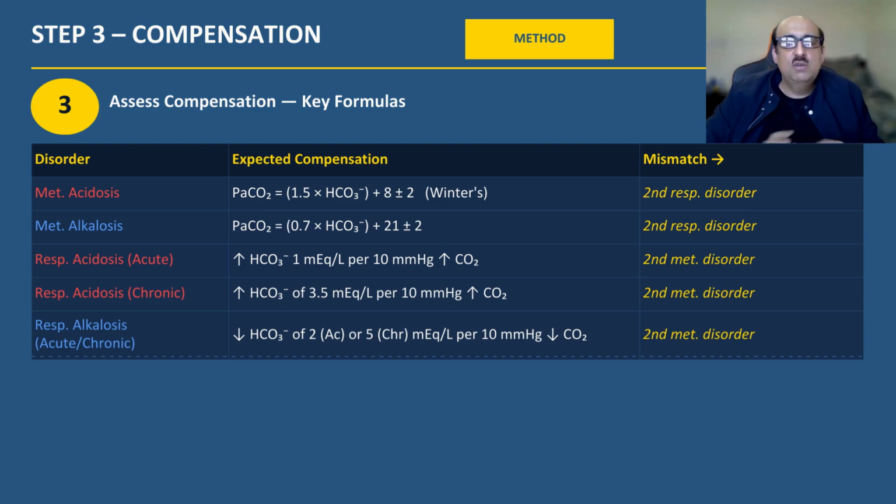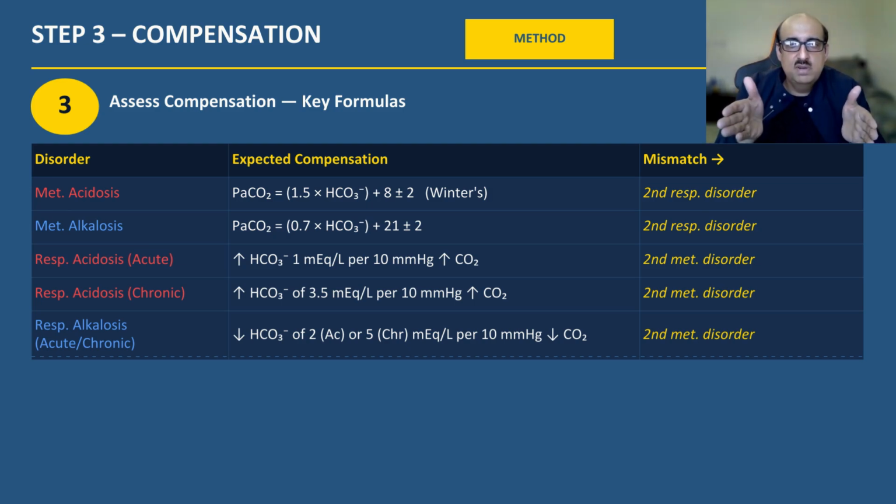For respiratory alkalosis, you have two numbers, 2 and 5 milliequivalents for acute and chronic respiratory alkalosis for bicarb. So once you have established that it's respiratory alkalosis, look at the bicarb, which is the counter-regulatory renal mechanism. So the drop in bicarb for every 10 millimeter drop in CO2 should be 2 milliequivalents per liter in acute respiratory alkalosis and 5 milliequivalents in chronic respiratory alkalosis.